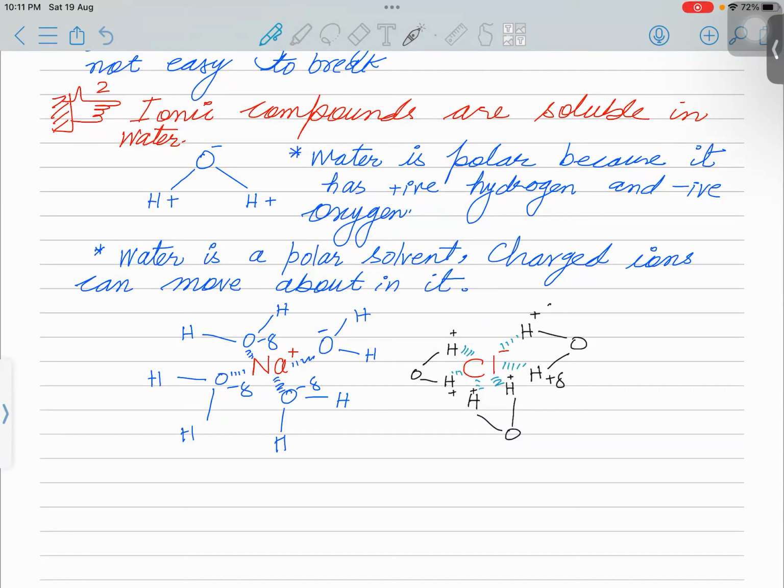So this is solubility. This is the attraction of sodium positive and Cl negative with the water molecule. Are you getting my point?